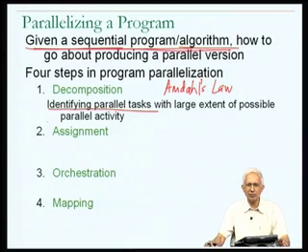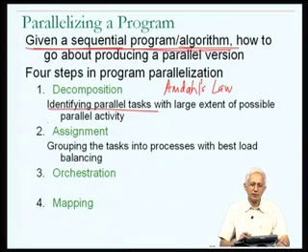Now, after we have got some perspective on how we would like to decompose the problem, the next step is to actually do assignment, which is grouping the tasks into processes. In the first step, we had explicitly not talked about processes, but rather about tasks. And the right way to think about this is to think about our pi calculating program.